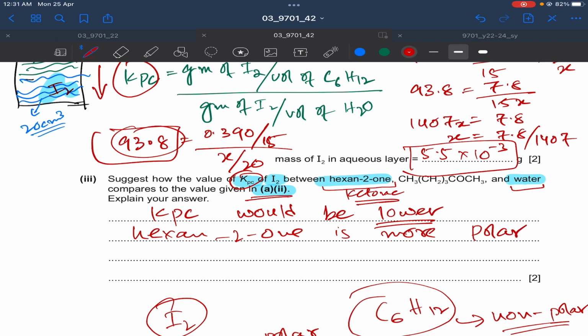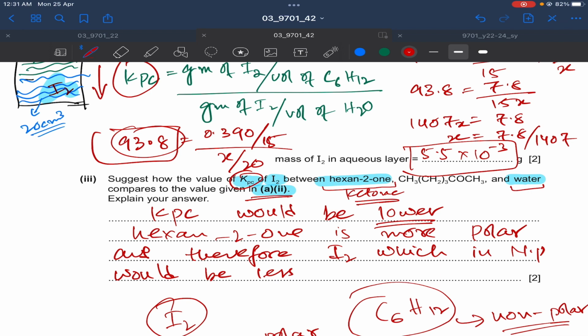It is more polar, and therefore iodine, which is non-polar, would be less soluble in hexan-2-one. Right, so it would be less soluble, so the value of the partition coefficient will decrease, will lower down.